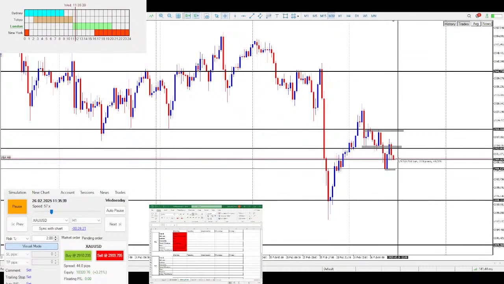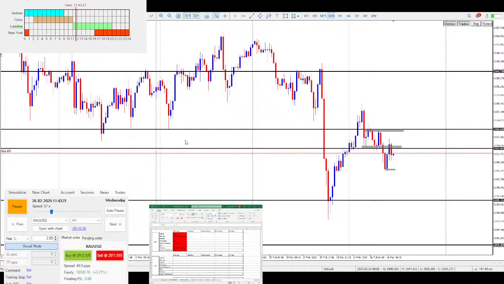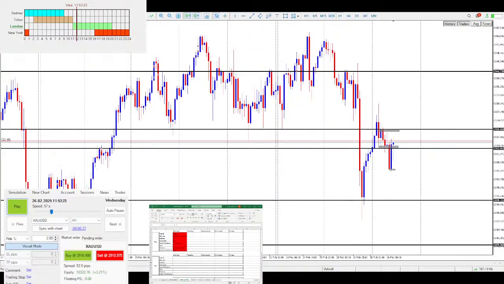What about taking sales below? Yeah, it can be when that top wick forms. Should I take that buy?